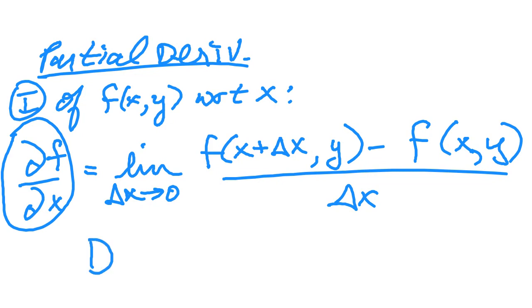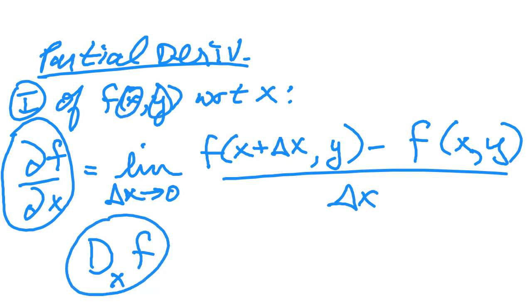Another way we could do this, instead, we could use a capital D like we did before. So it's capital D sub x of f. But also there's two variables here, x and y. So of course x is the first variable. So another notation that we could use is d sub 1 of f.